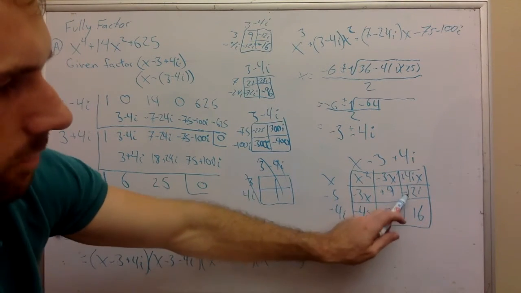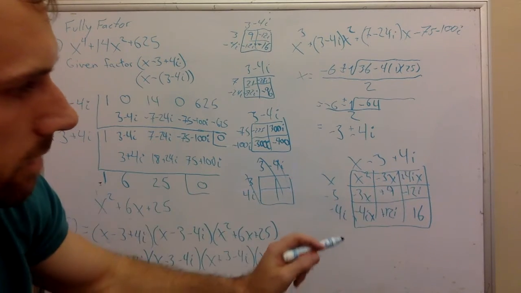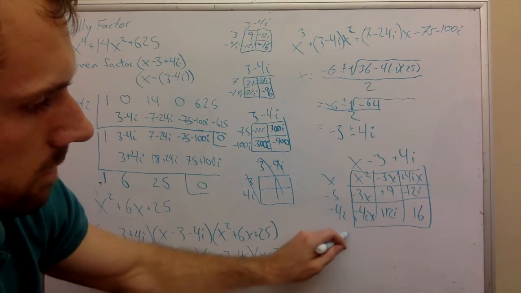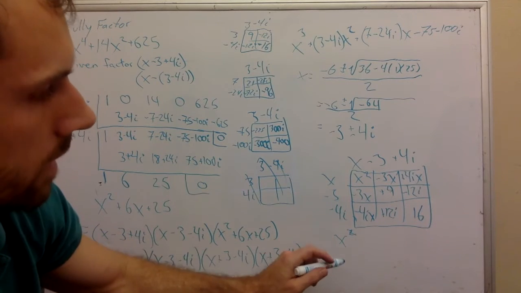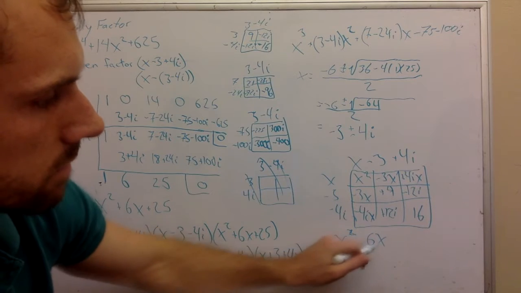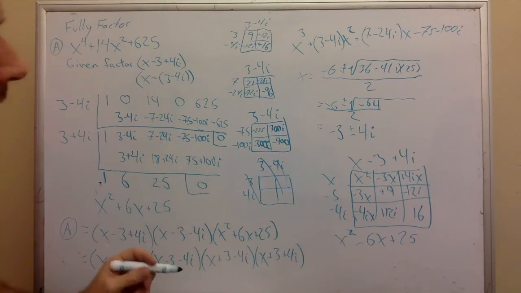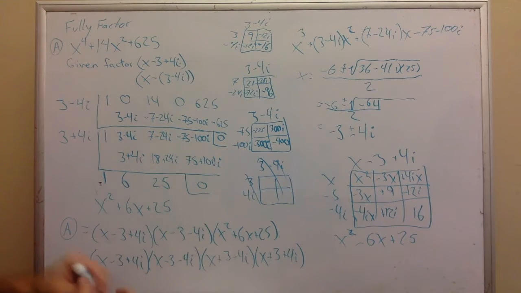Now notice this term and this term undo each other, this term and this term undo each other, so we have x squared minus 6x plus 25.